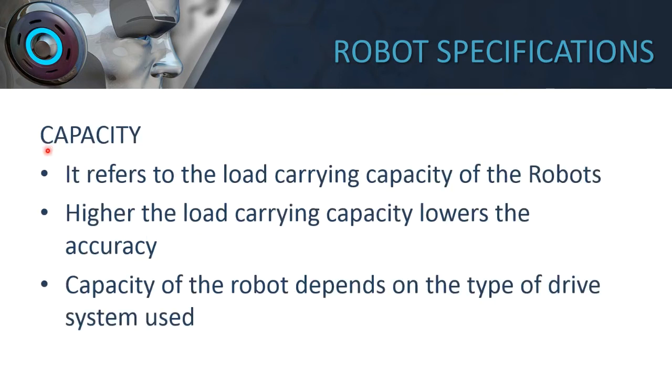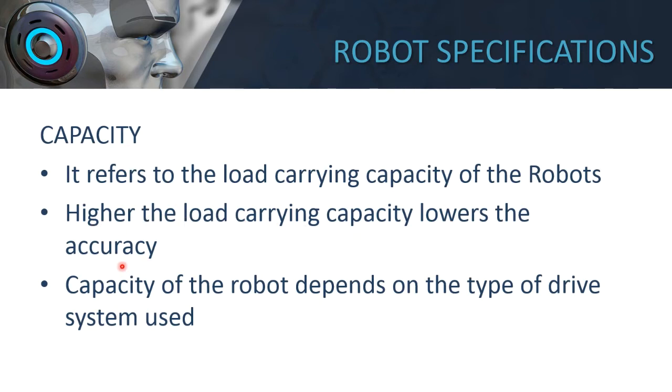Next specification is the capacity of a robot. Capacity of a robot is very much important. You need to keep this in mind while you are selecting a robot for your application, as well as when you are designing a robot for a particular application. That is the load carrying capacity. It determines whether the robot should lift a very high load. The higher the load carrying capacity, the lower the accuracy.